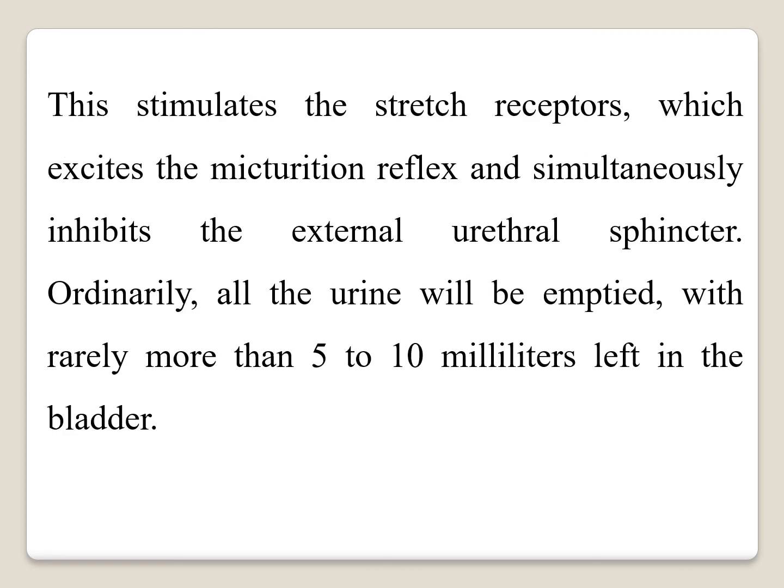This stimulates the stretch receptors, which initiate the micturition reflex and at the same time inhibit the external urethral sphincter. Normally all the urine will empty, rarely more than 5 to 10 milliliters left in the bladder.